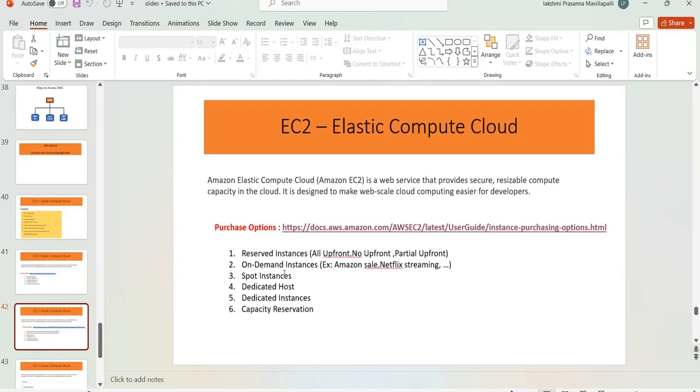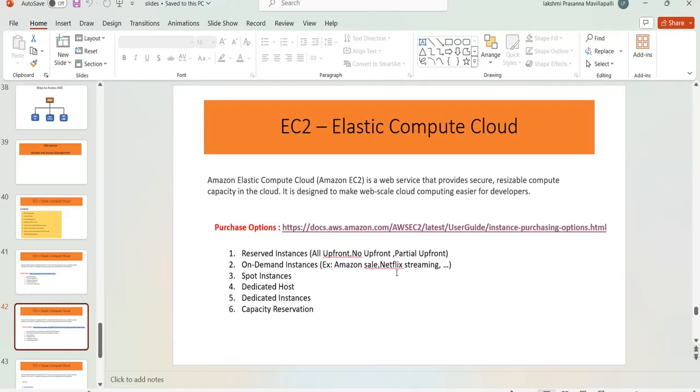Okay, that is about reserved instances. And then the second one is on-demand instances. This is the generic on-demand. In general we will take on-demand instances only, because you don't know the workload. For example, you are going to implement an application just like Netflix to stream movies.